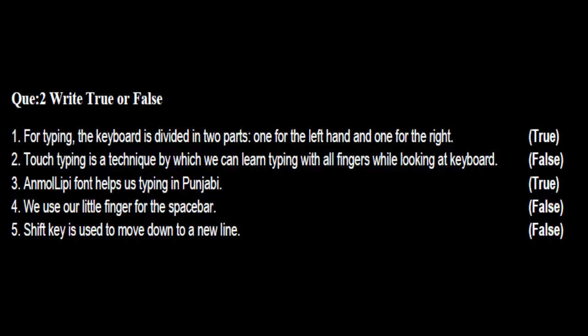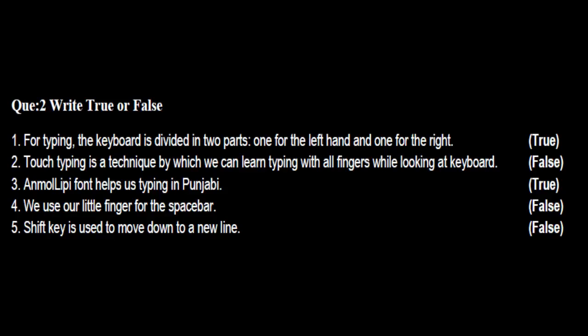Second one: touch typing is a technique by which we can learn typing with all fingers while looking at the keyboard, not looking at the keyboard. It is touch typing, without seeing the keyboard. So this is false. Third one: Anmol Lipi fonts help us in typing Punjabi. Yes, true. With the help of Anmol Lipi font, we can type Punjabi in the computer.